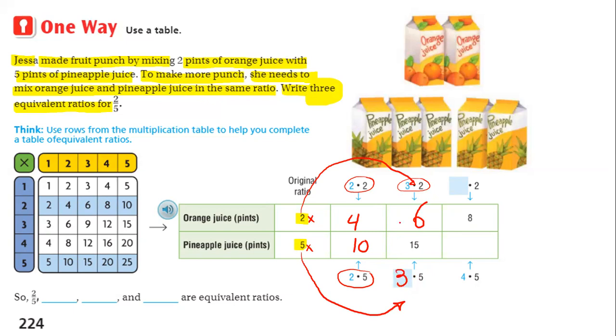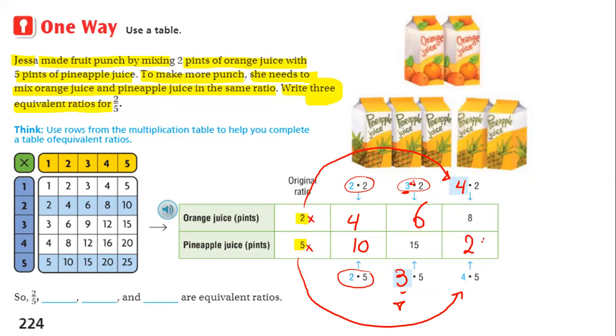So when we multiply by 3 up, we must multiply by 3 down. Good job, the answer is 15. Then 2 multiplied by 4 equals 8, and 5 multiplied by 4 equals 20.